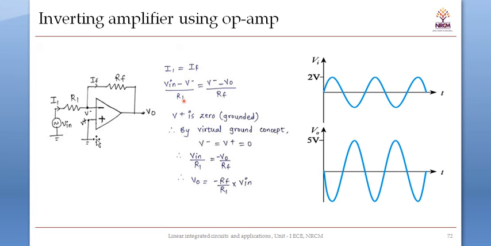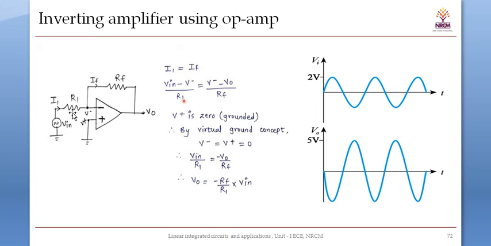Here, if I consider this as 1K and this as 10K, and I am applying 1 volt here, then 1 milliampere current is going through here. 1 milliampere into 1K gives 1 volt here, and the same 1 milliampere through 10K means 10 volt drop, so the negative 10 volt will be available at the output.